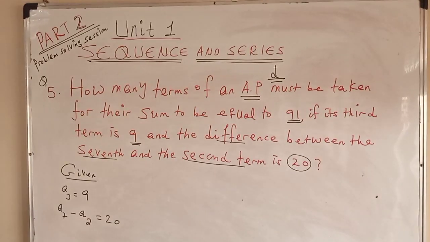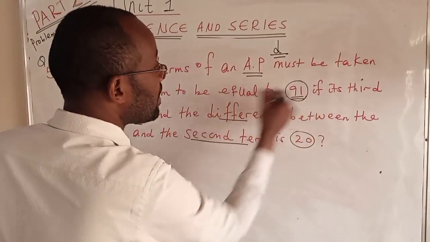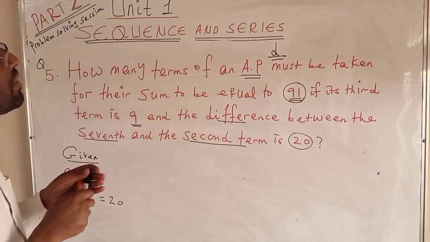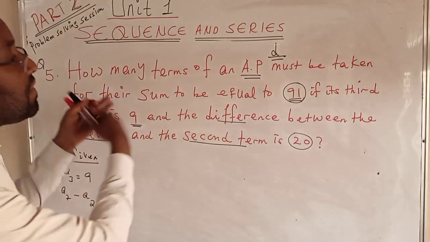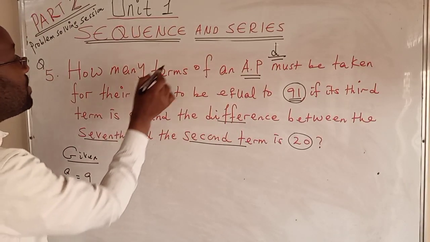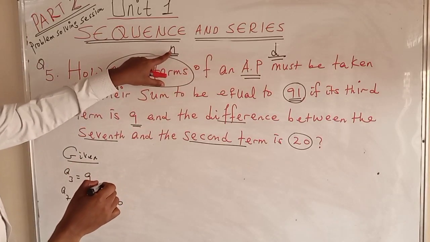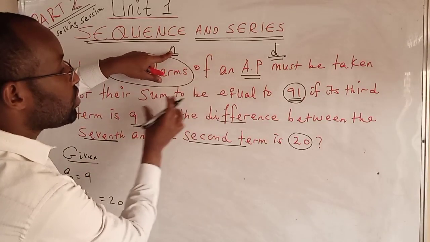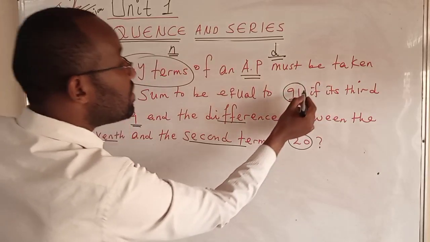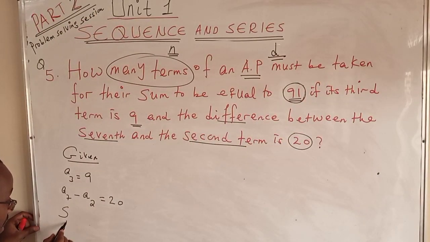Now we are given this information and there is also another information which is 91. እያለን ያለው ጥያቄው በጣም እንድትረዱት የተፈለገው ምንድነው፣ የአርትሜቲክ ፕሮግሬሽኑ ምን ያህል ተርሞች, how many terms, which means n ማለት ነው። ምን ያህል ብዛት ያላቸው የአርትሜቲክ ሲኩዌንሱን ተርሞች ብንወስድ ነው ድምራቸው 91 የሚመጣው? That is Sn.